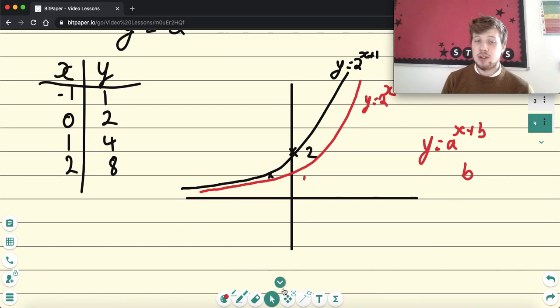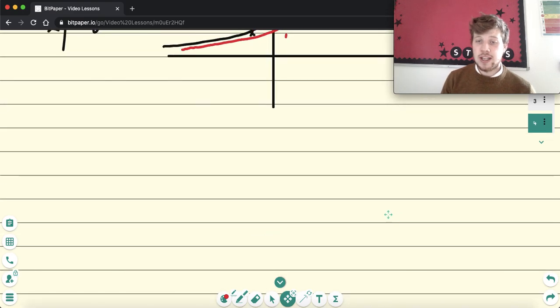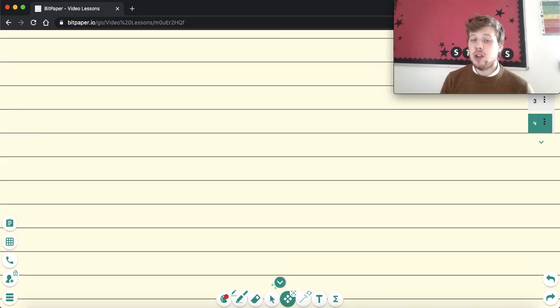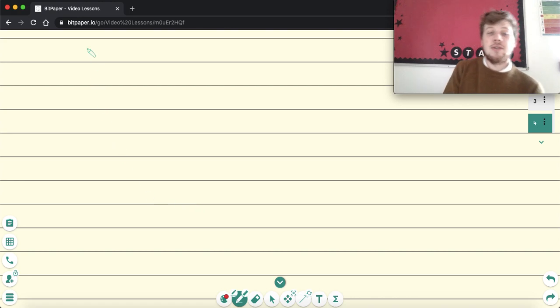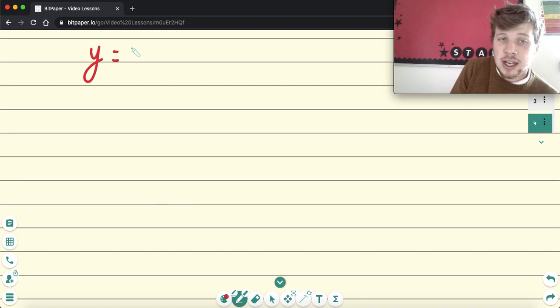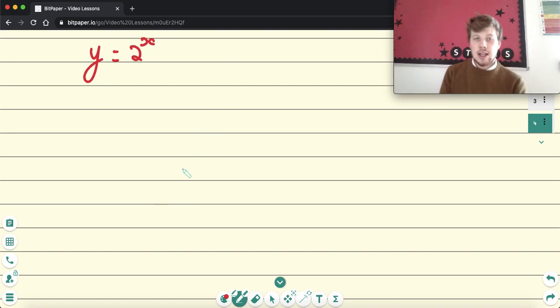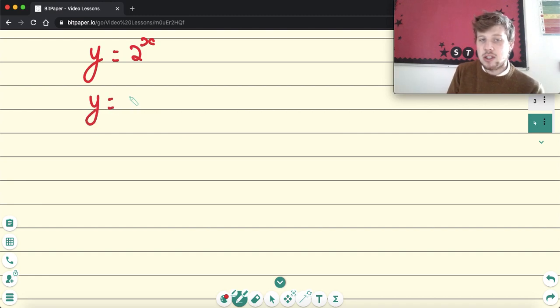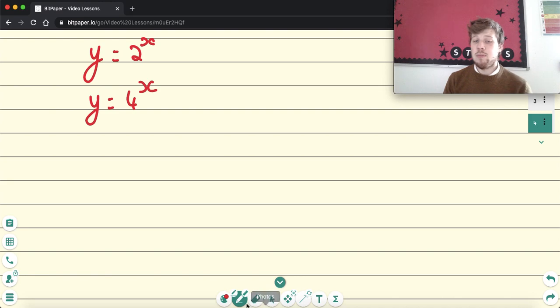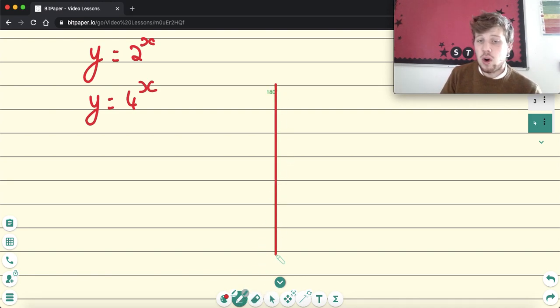The last thing I want to talk about before the end of this session is going to be on different types of exponential graphs. So far, we've looked at y equals 2 to the x. It would make sense that if we looked at y equals 4 to the x, on the same axes, it would have the same intersection point and asymptote. However, it will be more sharp in terms of its gradient before and after the intersection point.